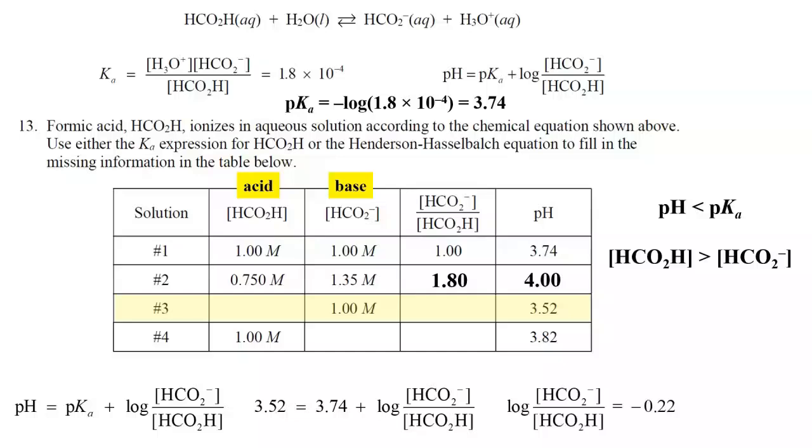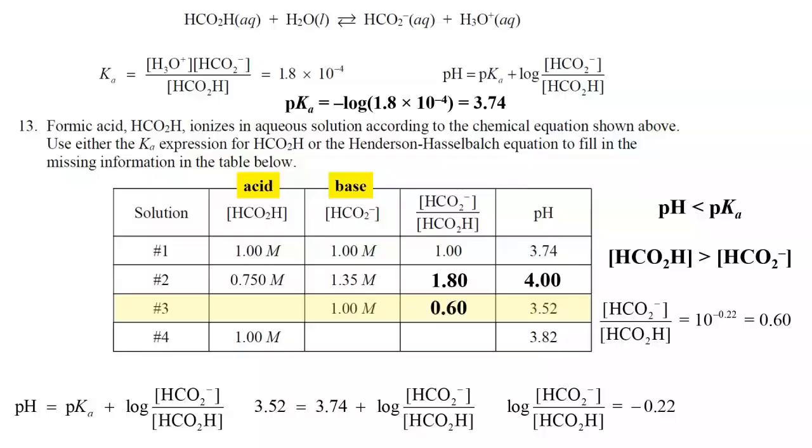The log of that ratio is equal to 3.52 minus 3.74, which works out to be negative 0.22. Now I'm going to do 10 raised to the minus 0.22, and this will give me the value of that ratio. So that ratio works out to be 0.60 because 10 to the minus 0.22 is equal to that value.